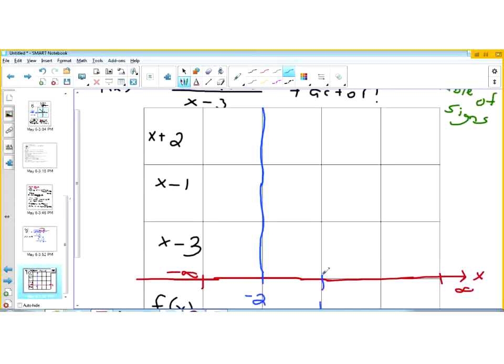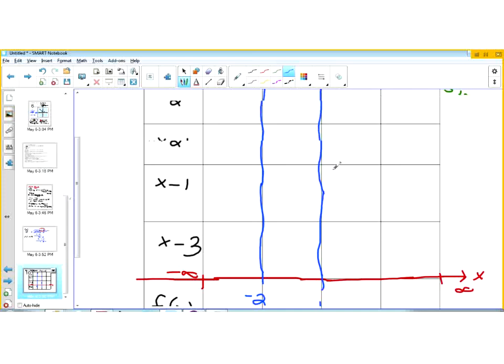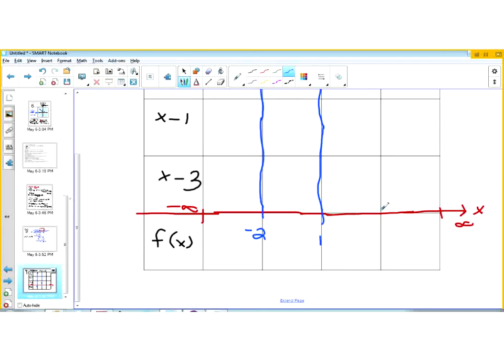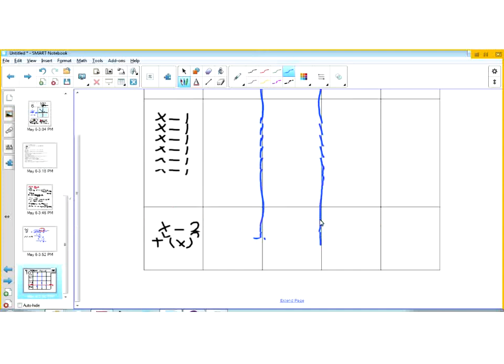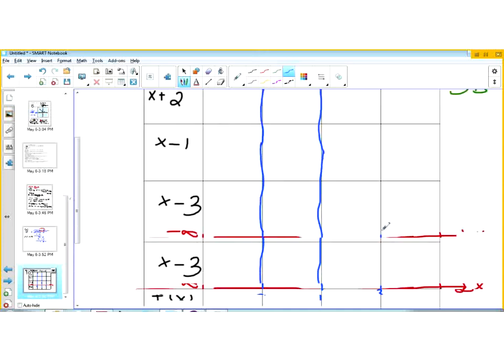Okay? And another 0 of a prime factor is 1, so plot 1 on the x-axis. And since 1 is in the domain, make that a solid line like that as a separator of columns. Okay, like that. And then the other 0 is 3, so plot 3.